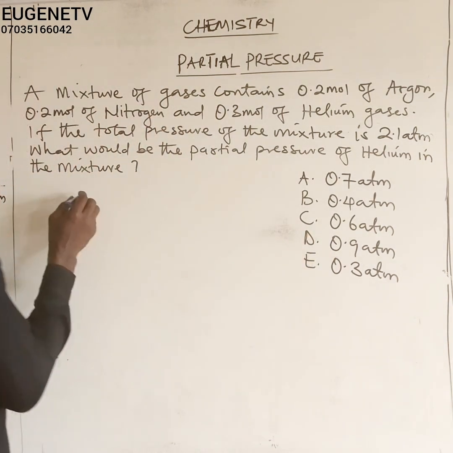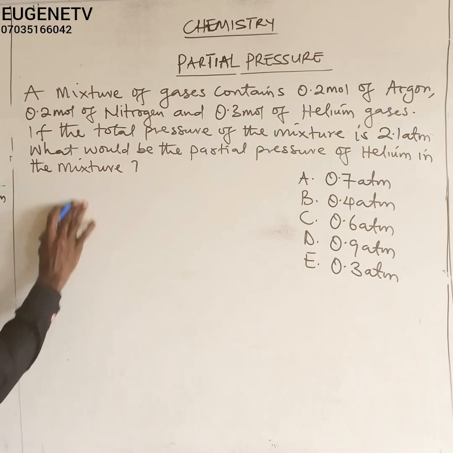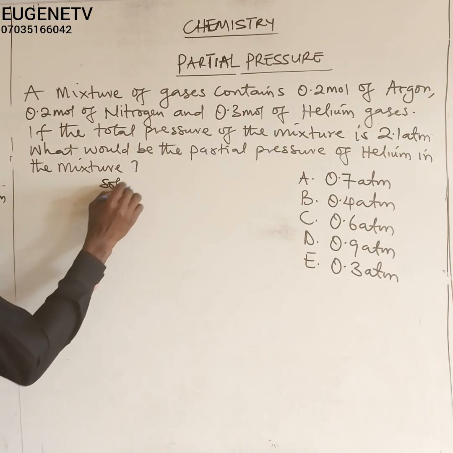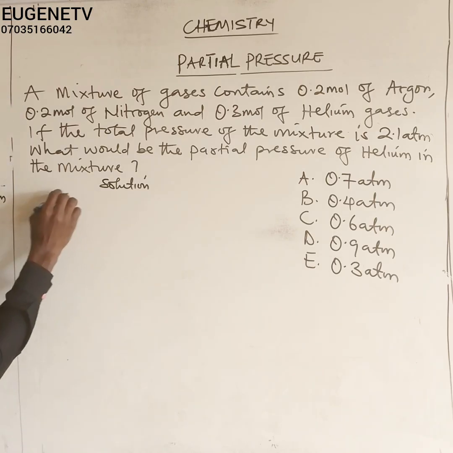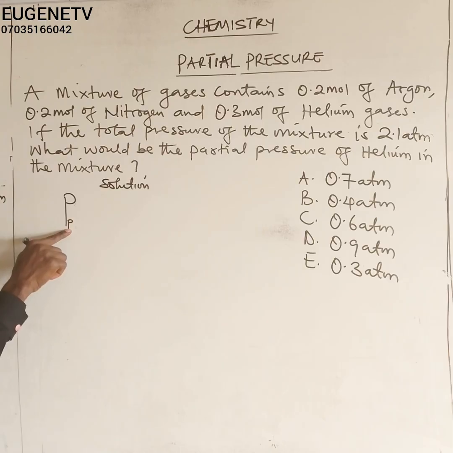In this case, we are going to say P partial. Let's say solution. P partial simply means partial pressure.